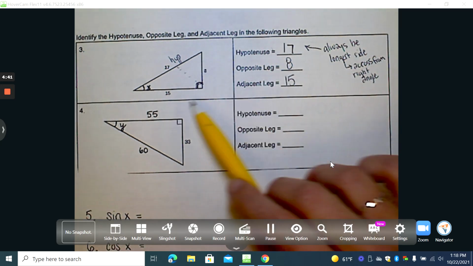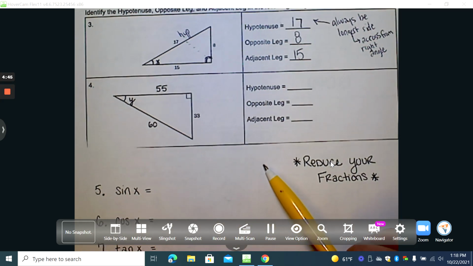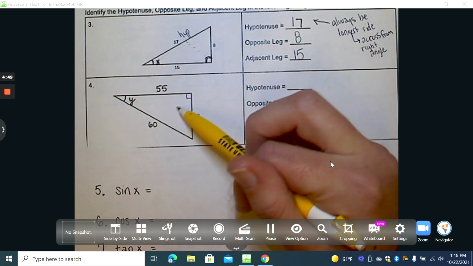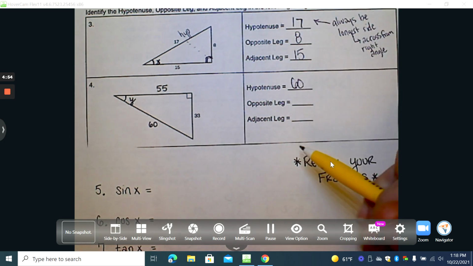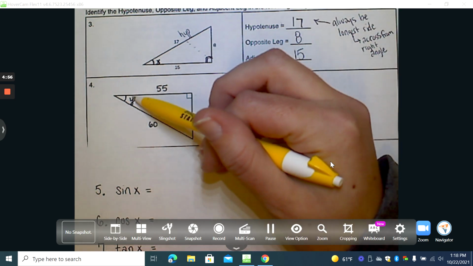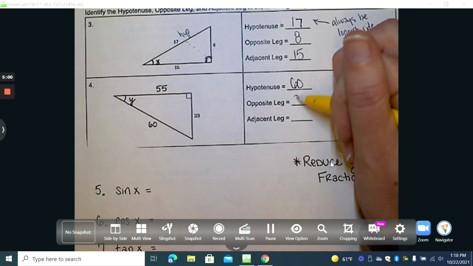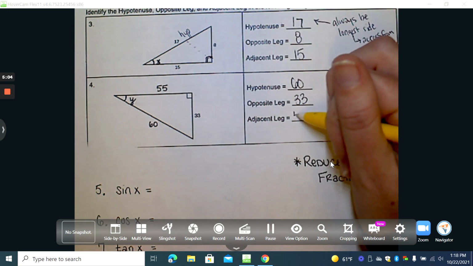Opposite and adjacent are opposite the angle, next to the angle. If I'm looking at number 4, my hypotenuse, if I take that right angle, my hypotenuse is over here, 60. My opposite leg, well, here's my angle Y, my opposite leg is 33, and my adjacent leg is 55.